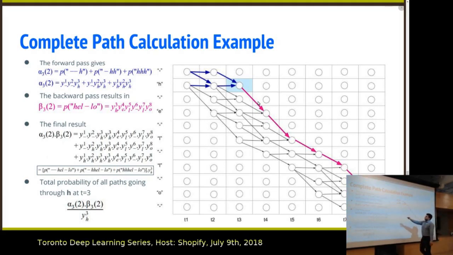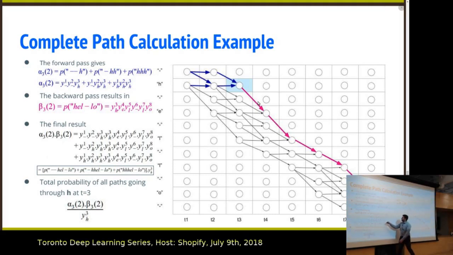If we convert that to the network output probabilities, we have this sum. And if we look at the beta, there is only one valid path from the 3rd time step to the end. In the final result, we would multiply the alpha with the beta, which means we'll multiply this term with each of those terms individually.